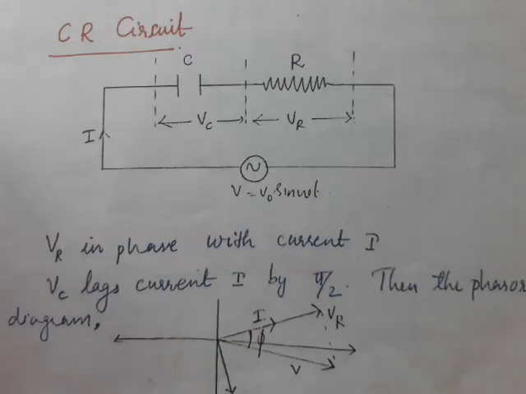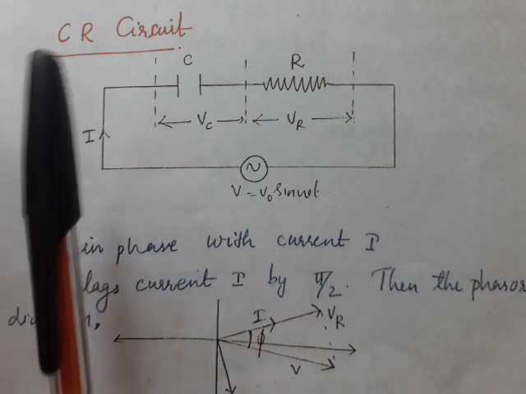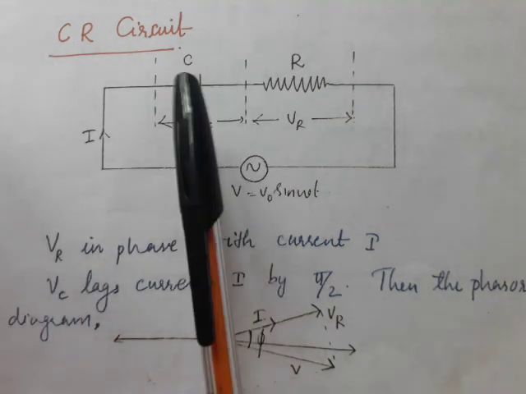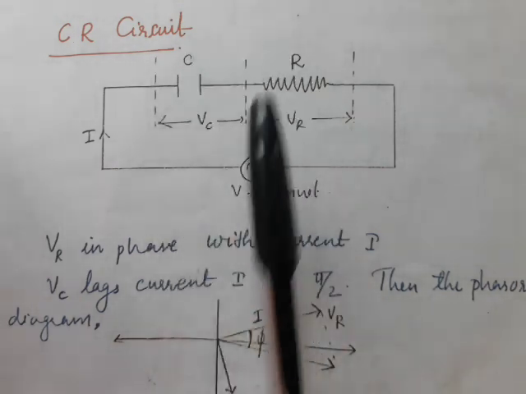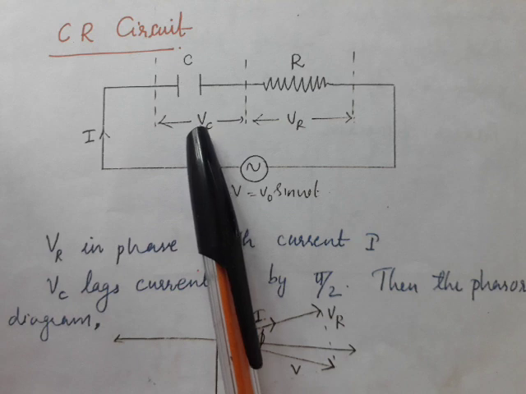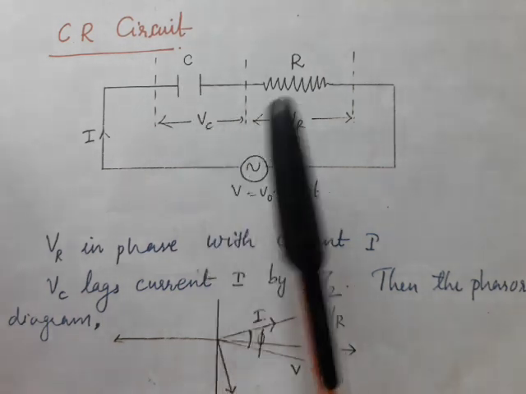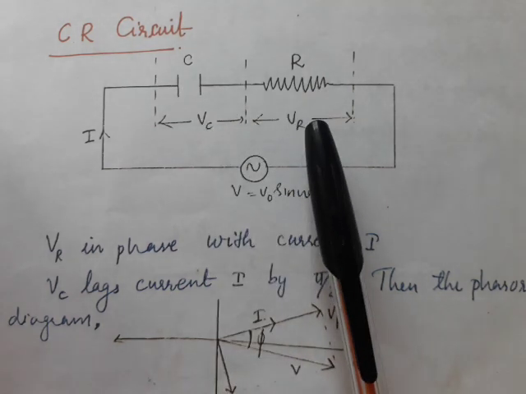Now let us consider a CR circuit. In the previous case we saw the LR circuit, here we have CR. As usual, here we have a capacitor and a resistor connected in series. The voltage across the capacitor is VC and the voltage across the resistor is VR.